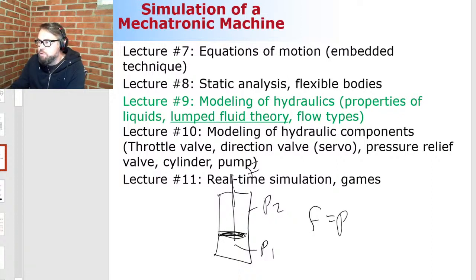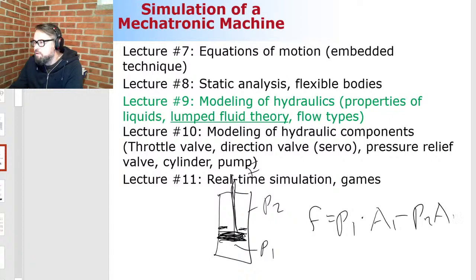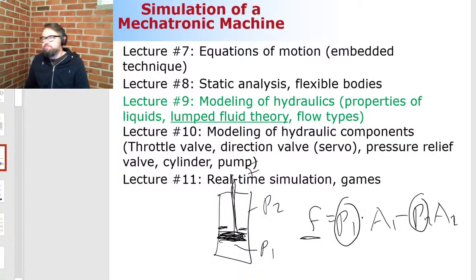So the pressure P1 will be multiplied by the corresponding cross-section area, which is this cross-section area. P2, which is applying in the other direction, will be multiplied by this piston area minus the piston rod area. So we need these pressures in order to predict the forces.